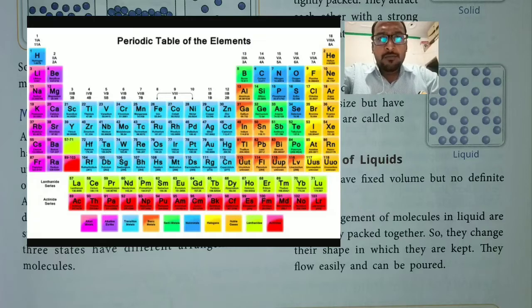There are many elements still unknown, but we have 114 known elements. Okay, so you will study about each element in higher class, but atom is the smallest particle of that element.